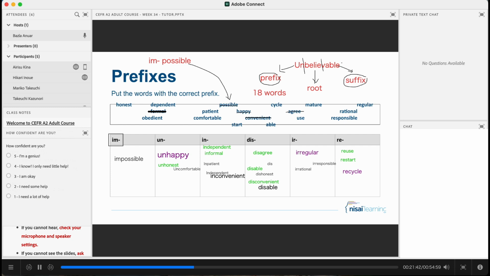So it becomes impossible. Possible and impossible have different meanings and they are the opposite. Is that clear? So same goes for the rest of the words here. If you add prefixes in front of the words, they become different meanings. It becomes the opposite.